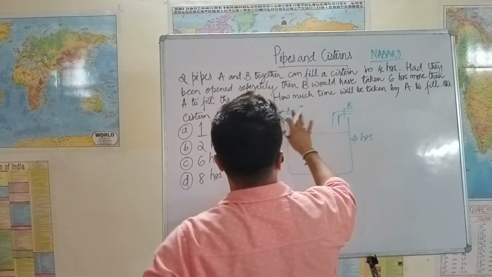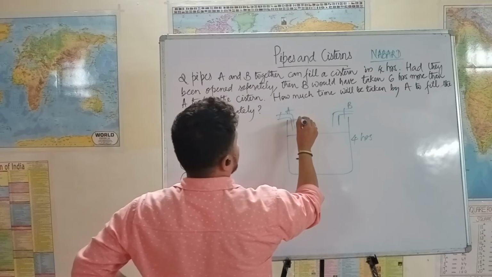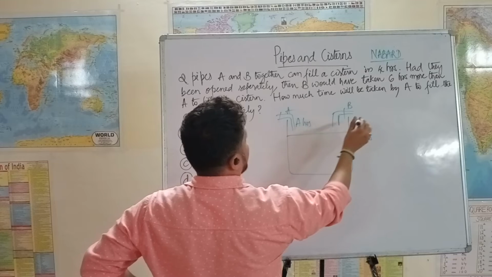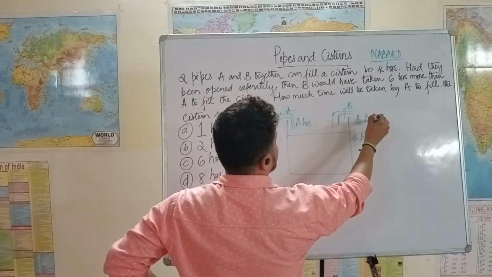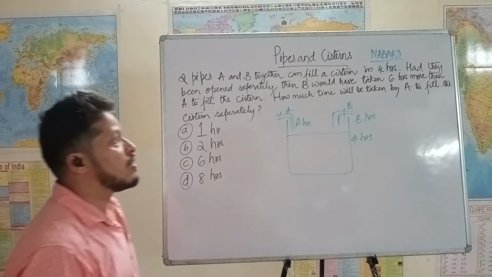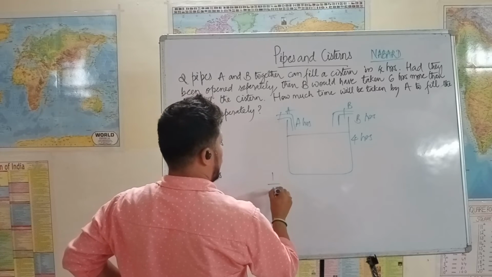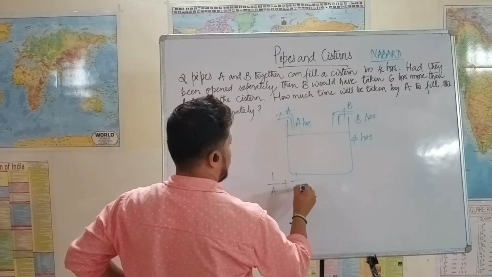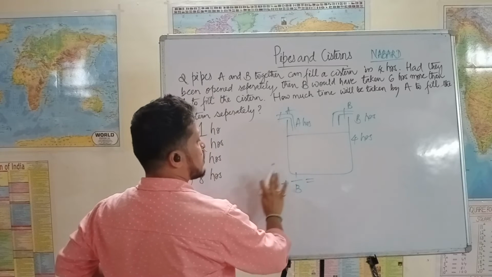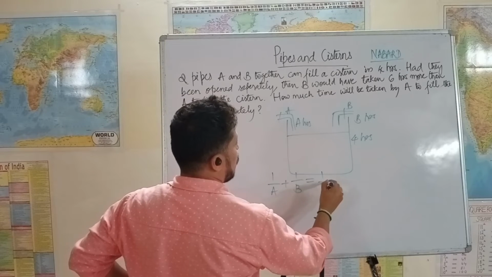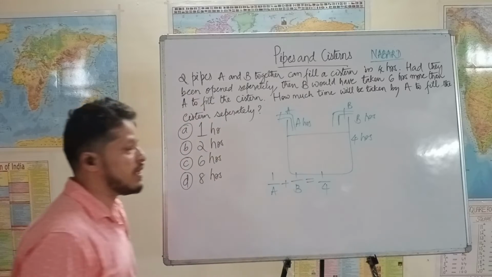Let's assume A takes A hours, and B takes B hours. Then 1 by A plus 1 by B is equal to 1 by 4, since together they can finish the work in 4 hours.